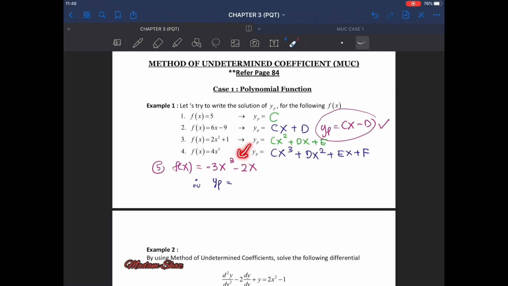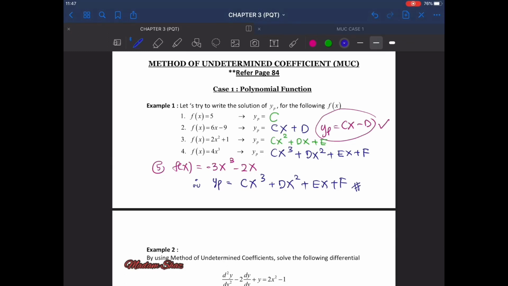You just refer to the highest power of x. So this one, the highest power of x is power of 3. So yp will become cx power 3. Even in terms of the negative sign, our constant is always positive: cx power 3 plus dx power 2 plus ex plus f.